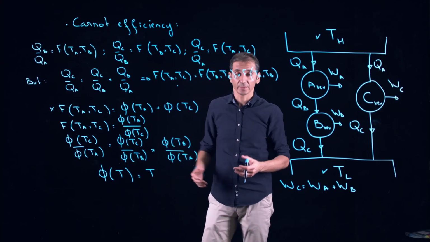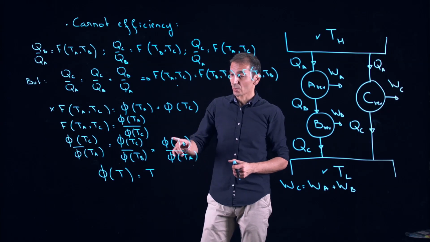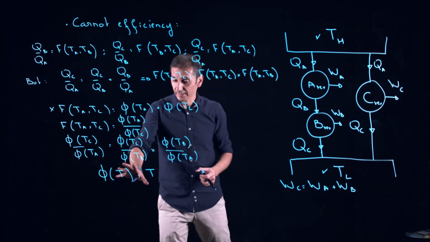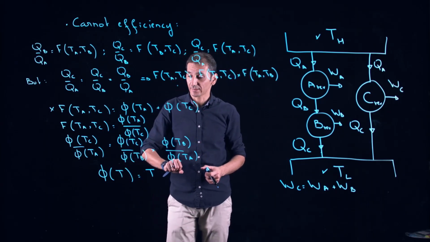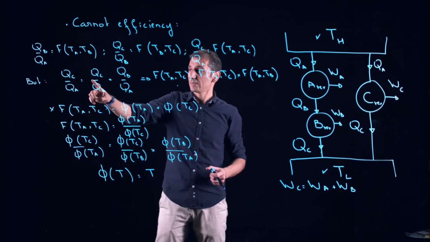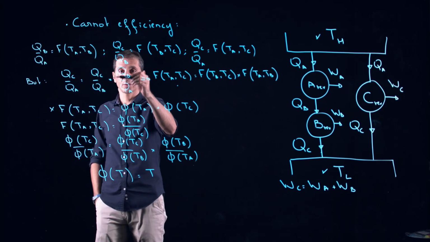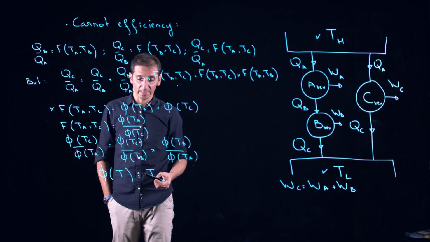But this one is probably the simplest one and the more natural one. Because if you apply this, TC over TA will be equal to TC over TB cross TB over TA, so it makes sense, okay?